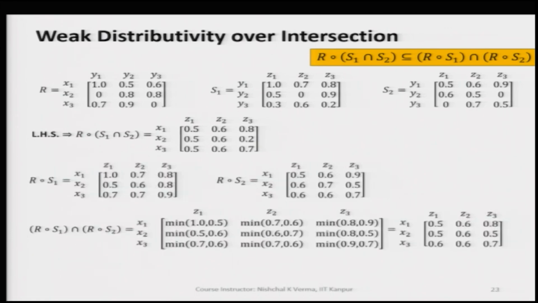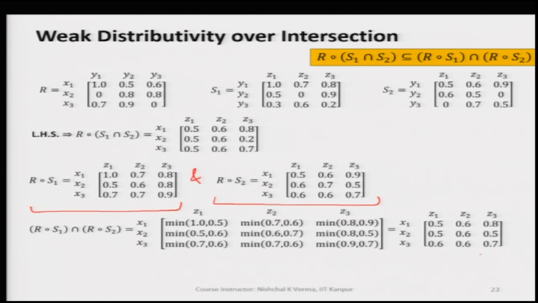So, let us now move ahead and see what we are getting. We see that our composition with S1 is this, and this composition of course is again max min. Here also the composition is max min. So, we can quickly get the composition of R and S1 and the composition of R and S2.